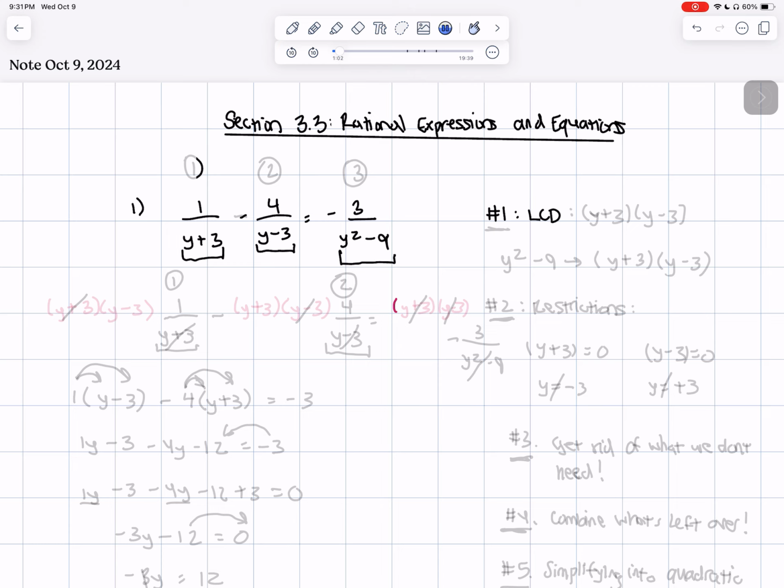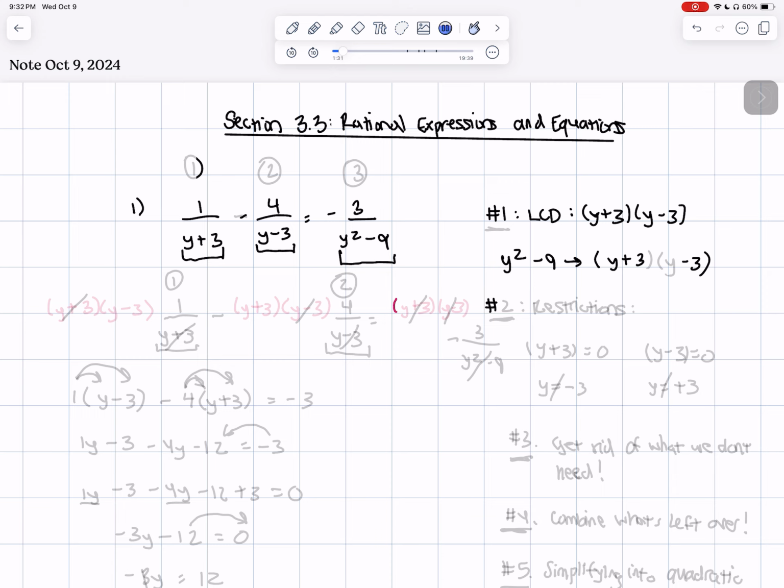I know that 3 times 3 gives me 9. So if you ever see something like this squared, we know this expands to this. So we know that our LCD is going to be y plus 3 and y minus 3.